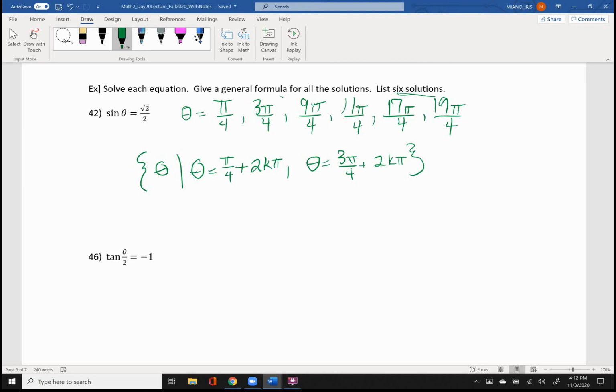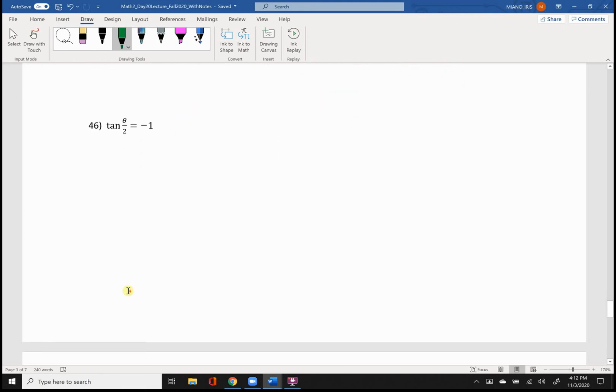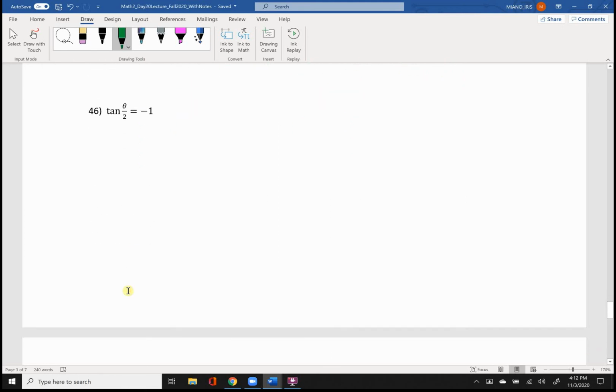Okay, great. So hopefully that all is landing well and makes sense. Let's go ahead and move on to this next example, which is quite a bit more challenging. Here we have the argument inside the tangent, which is theta over 2. It needs to equal what in order for the tangent to equal -1?